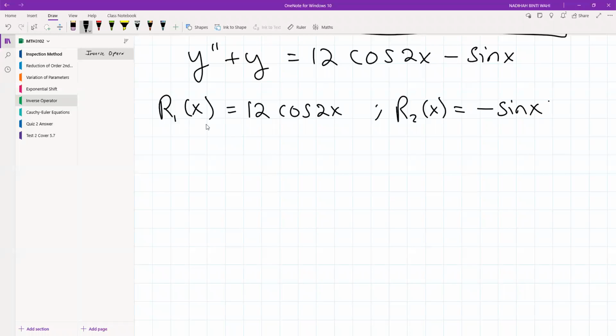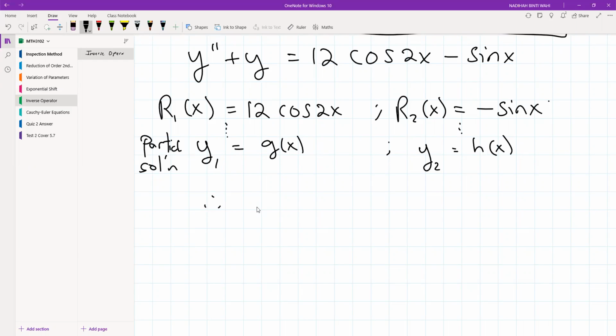When you do this, Y1 equals something, let's say Y1 or G of X, for example, I don't know what G of X is. And then the particular solution for Y2 is H of X. And then the whole solution will be y equals the homogeneous solution plus the particular solution for R1 plus the Y2 particular solution for R2, the second right hand side. So when we can do it this way, we can do R1 and R2 one by one.